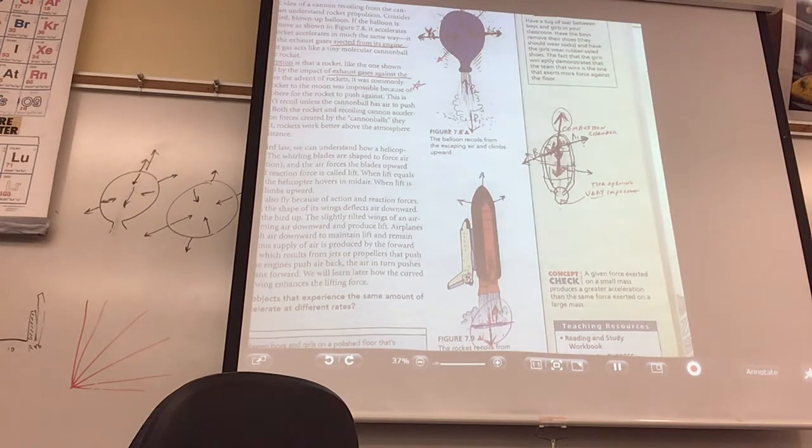Now, what they have is solid fuel. They're like fireworks. Ever done bottle rockets? You light them, they go off like that? That's what this is. Ever done model rockets? Model rockets have a little, they call it an engine, and you put electricity to it, see that?